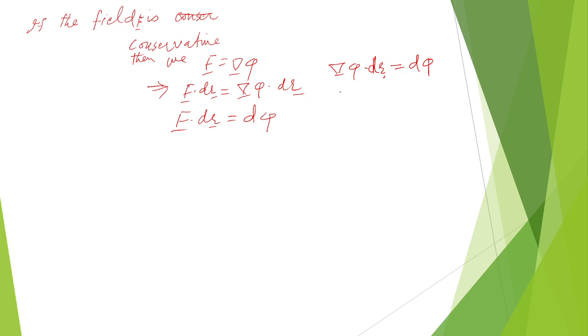Grad of phi means partial phi partial x i, partial phi partial y j, and partial phi partial z k, dot with dr. Dr means dx i, dy j, and dz k.